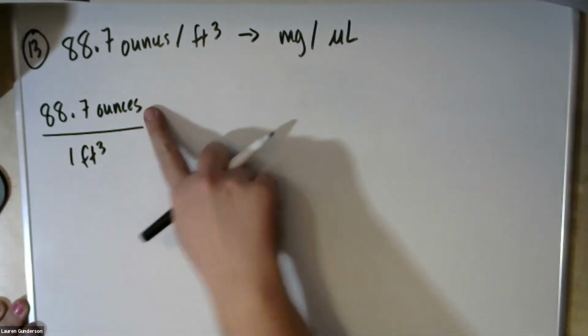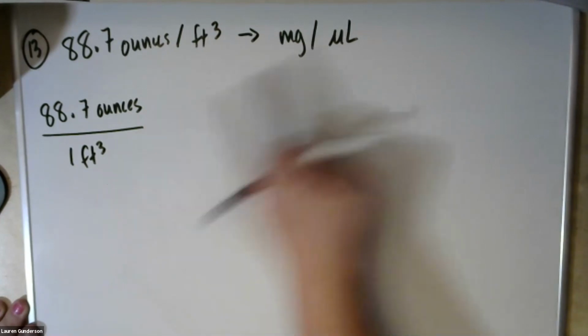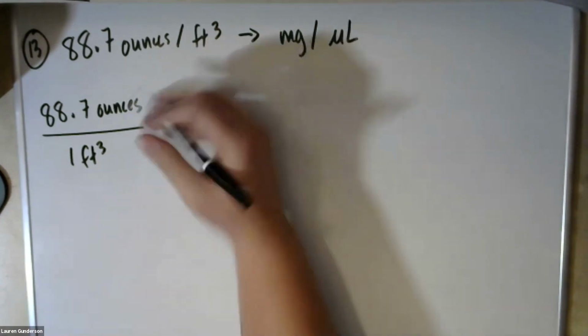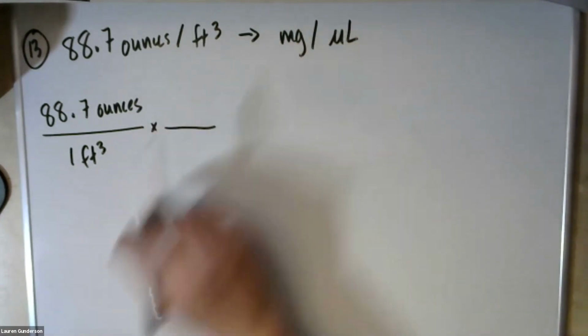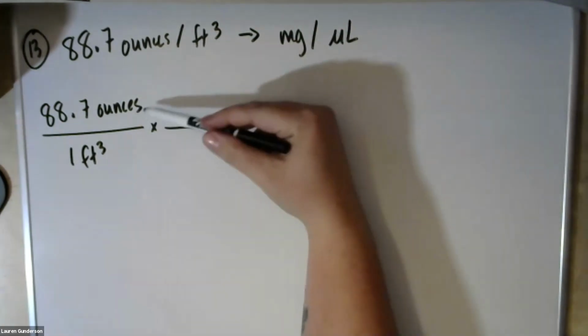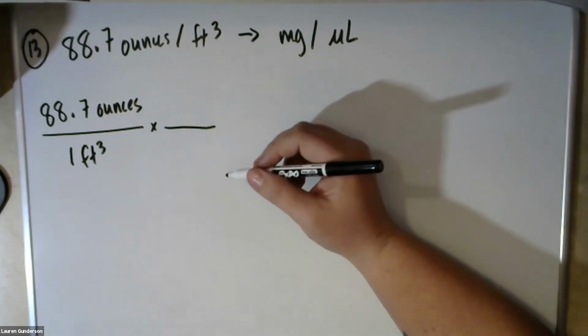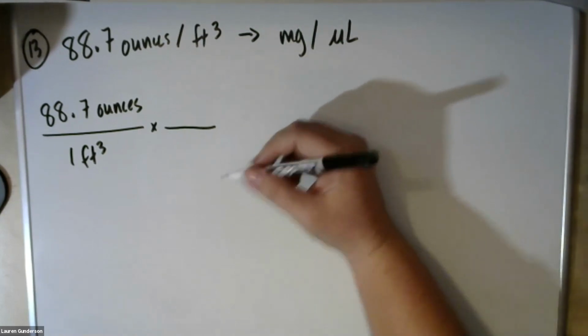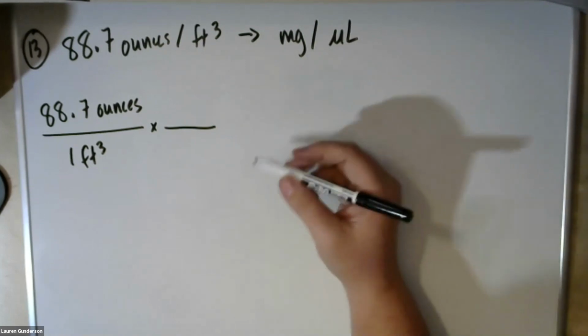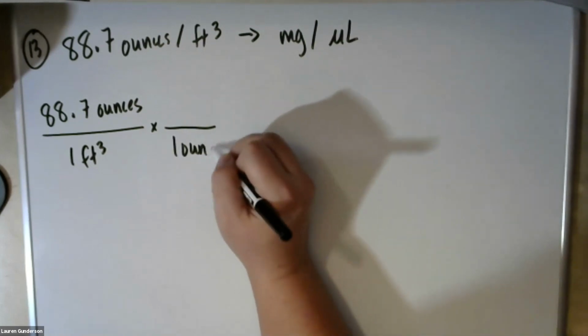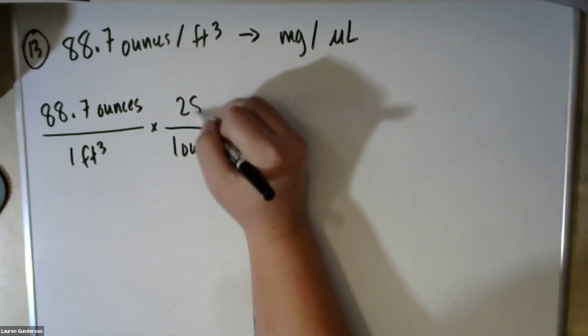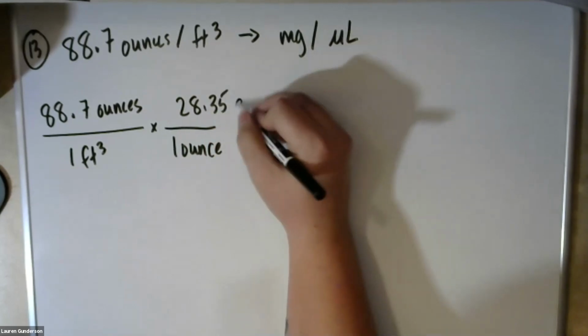My ounces I'm going to convert into milligrams. My cubic feet I'm going to convert into microliters. Okay, so my first step, I'm going to use a conversion that gets me out of ounces and into grams. Okay, so every one ounce is going to be 28.35 grams.